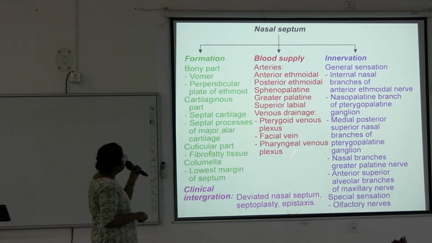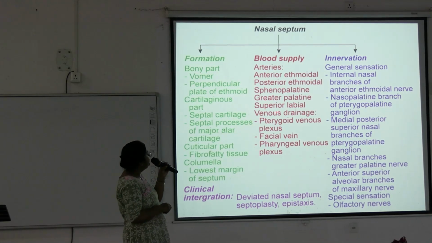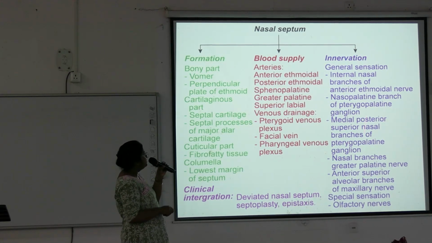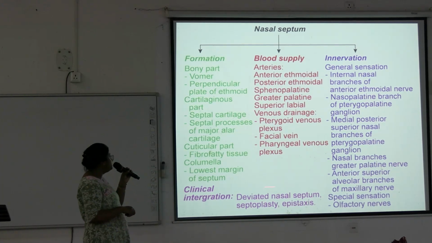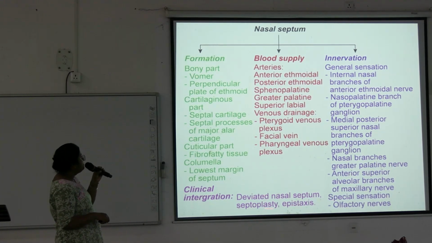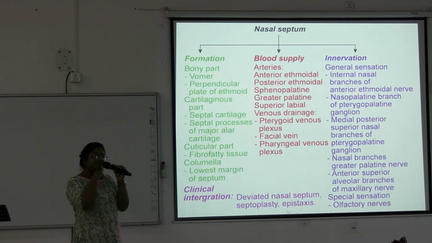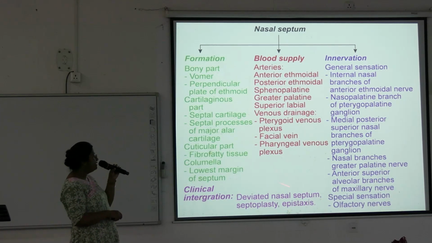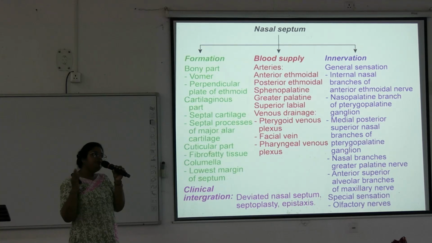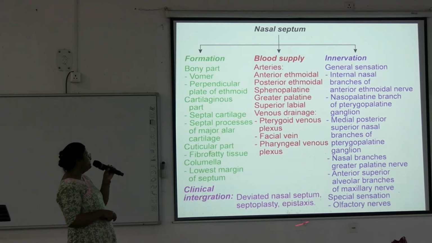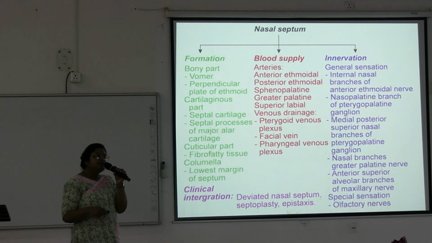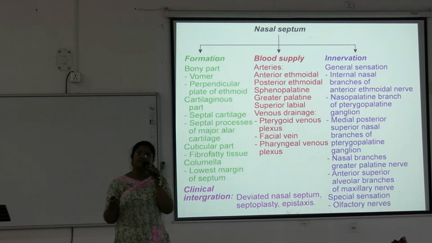Blood supply is important; arterial supply, venous drainage and innervation, we will discuss all. The clinical integration is deviated nasal septum. For correction of a deviated nasal septum, you have to do a septoplasty operation. The deviated portion of the nasal septum or septal cartilage is removed. And epistaxis is nasal bleeding due to injury in Little's area.